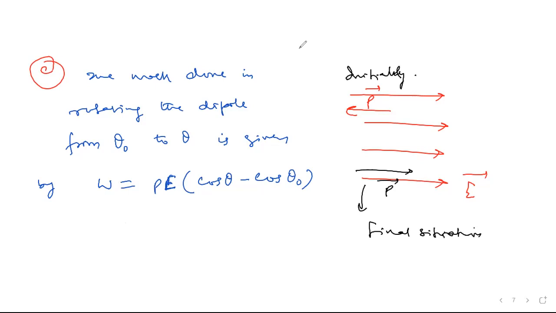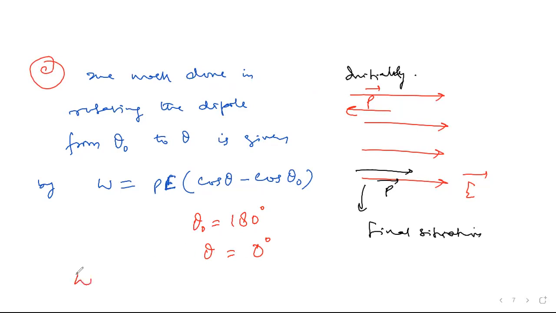Now in our case, what is theta naught? Theta naught is 180 degrees, because initially P and E are oppositely directed. So theta naught is 180 degrees, and theta, the final angle when P and E are aligned, is 0 degrees.